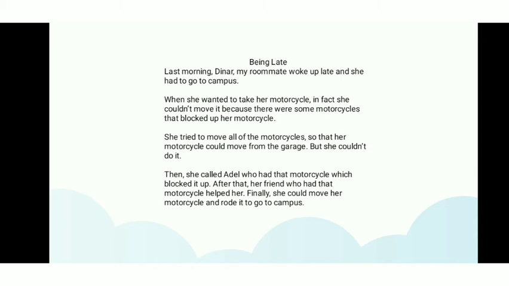So she tried to move all the motorcycles so that her motorcycle could get out of the garage, but she couldn't do it. Then she called Adele, who had the motorcycle which blocked it. After that, her friend who had that motorcycle helped her. Finally, she could move her motorcycle and ride it to campus.